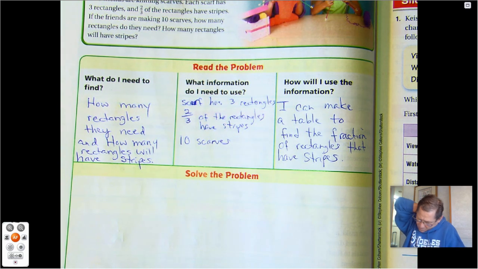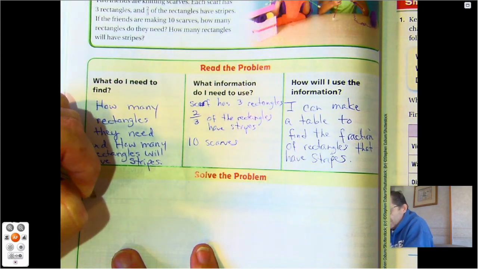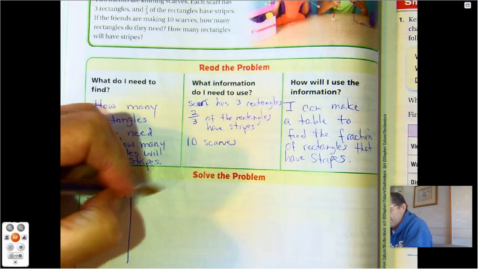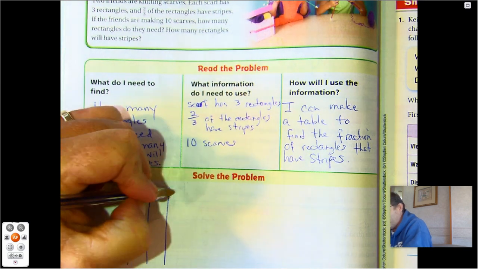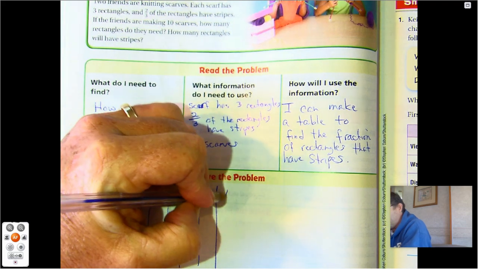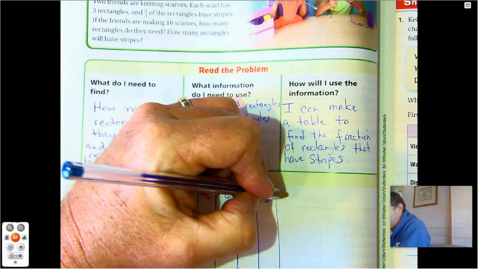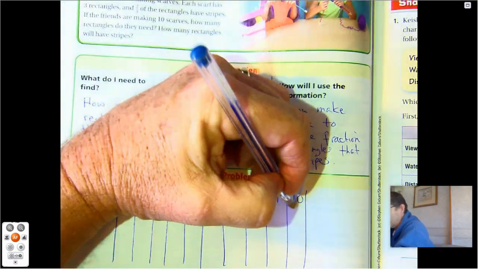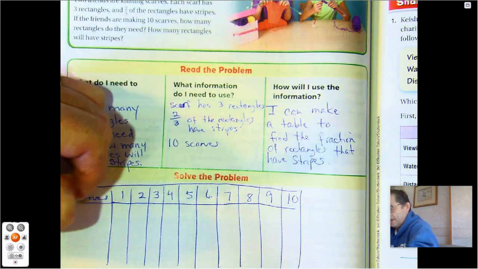Okay, so what's our table? We have scarves, right? And we're going to have 1 scarf, 2 scarves, 3, 4, 5, 6, 7, 8, 9, 10. All right, so we have 10 scarves. And now what are the other requirements?